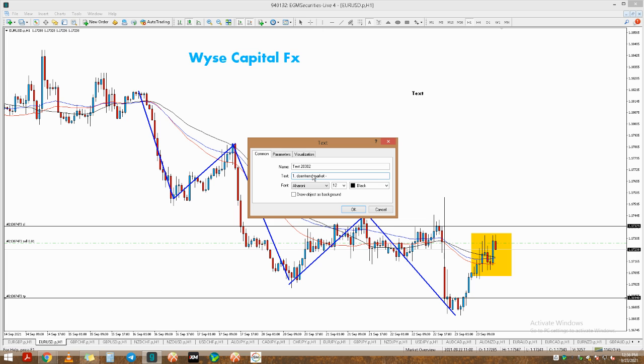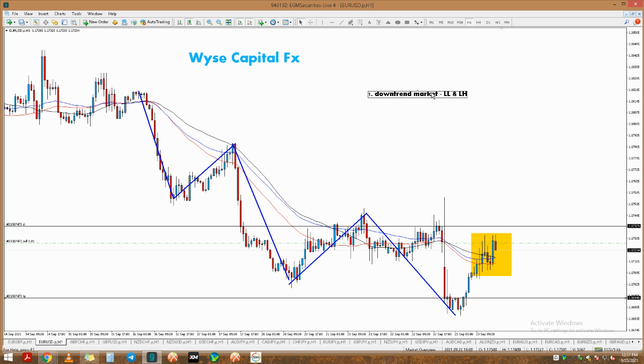Price is giving you lower lows and lower highs. Let me increase the font size. So that is our first reason.